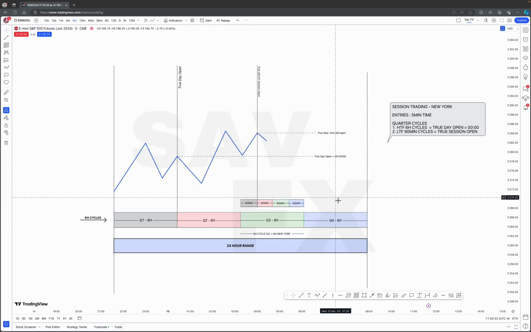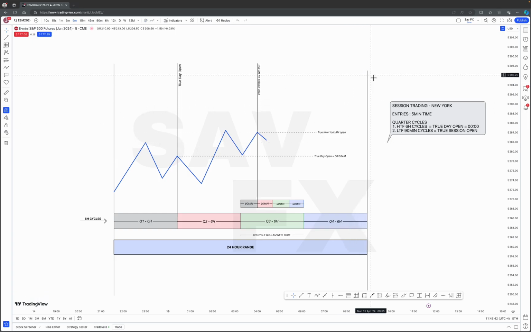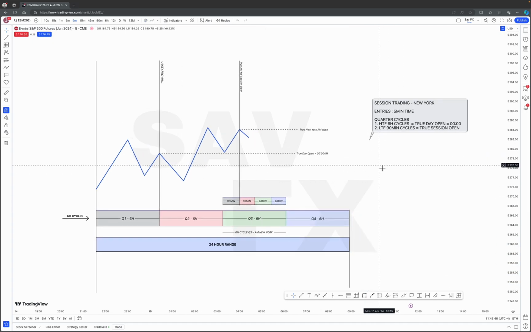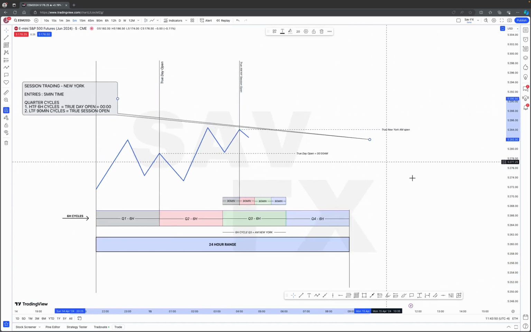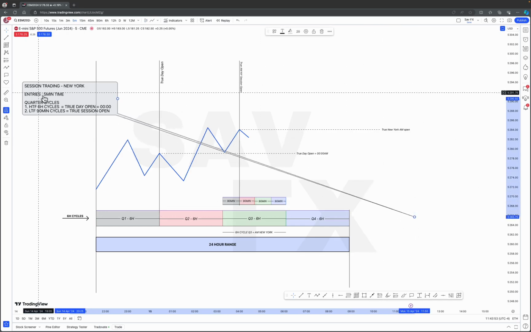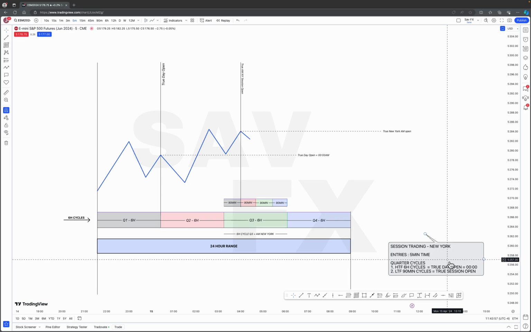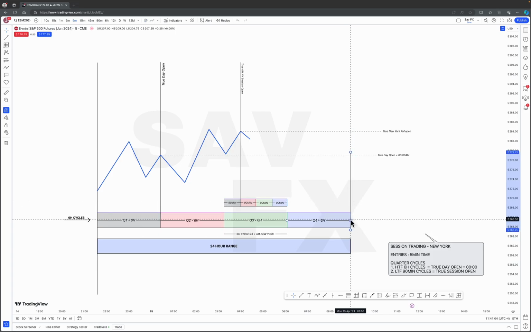Okay. So now here's the thing. Above both these ranges is your premium, and below is your discount. So let me place this here. We have this annotated like this.